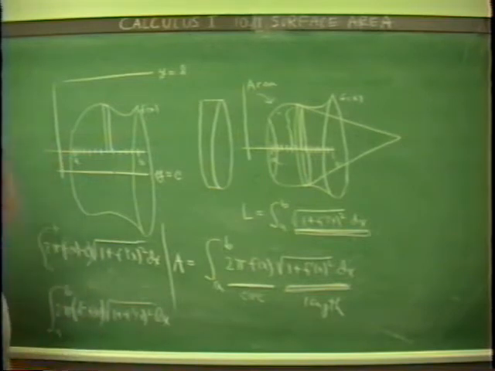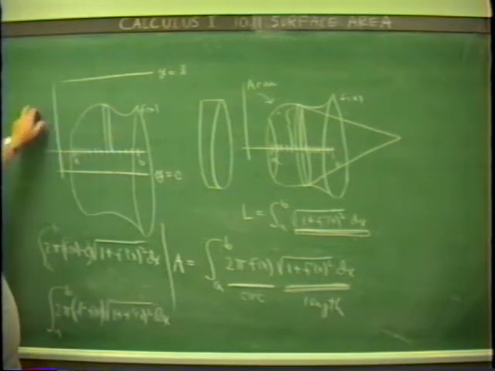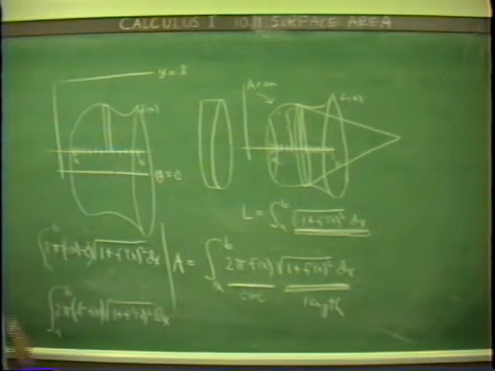The circumference would be 2 pi times that, and you would integrate that from a to b with respect to x. So depending upon exactly what you're doing, you get something slightly different. Right? The same method works for revolving around a line which is vertical. We'll look at that next.